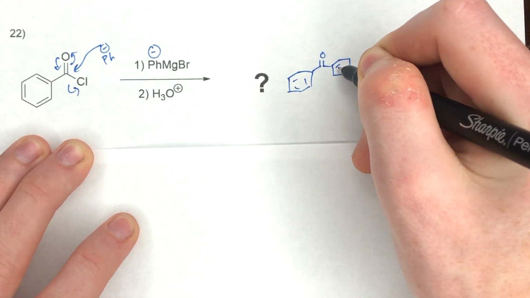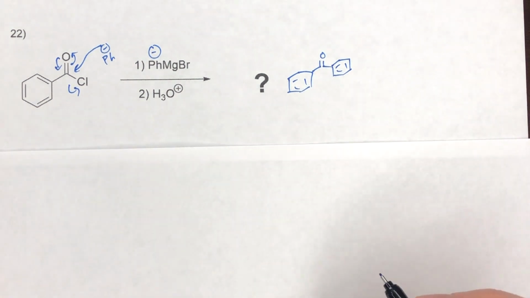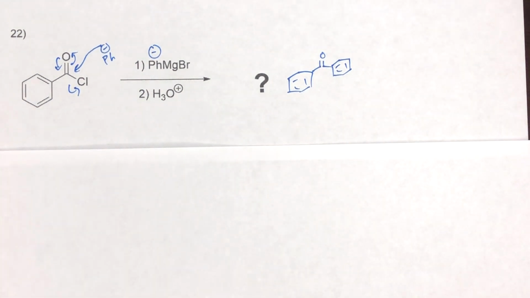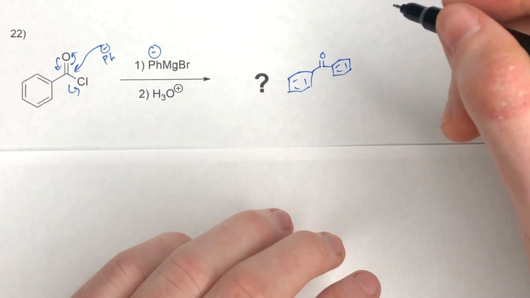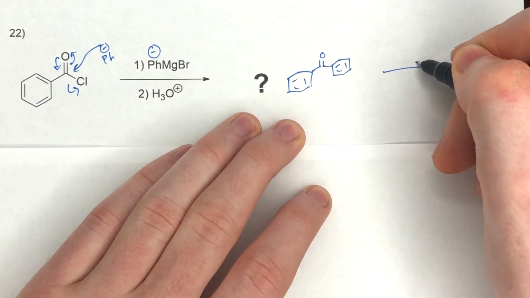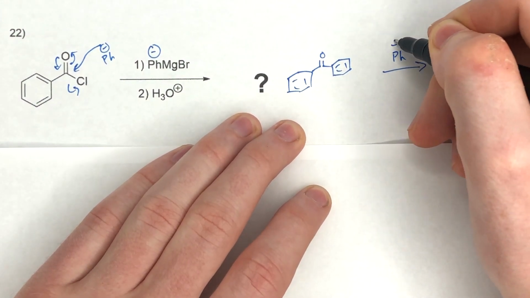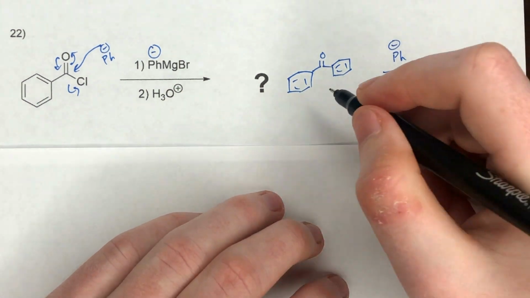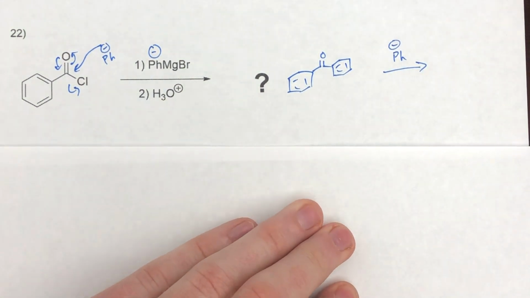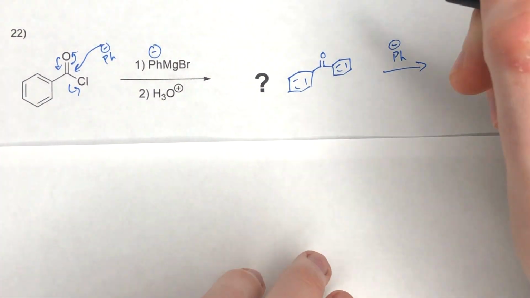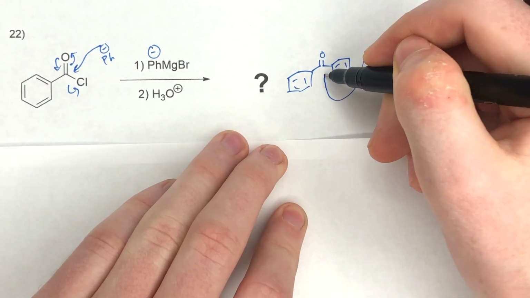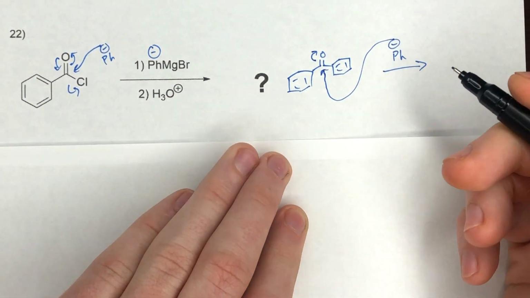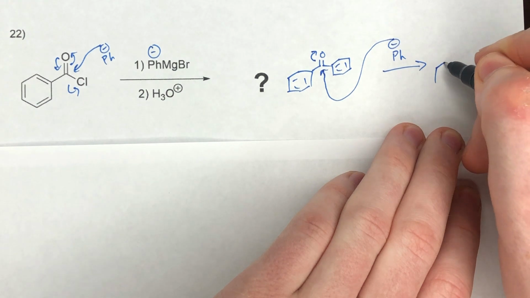the diphenyl ketone. But now, like I was mentioning, Grignards are non-selective, so they're going to continue reacting until it can't react any further. So since Grignards are so reactive and the ketone is still a little bit electrophilic, we are going to get another addition of a phenyl group to the ketone. So that's what's going to happen here.